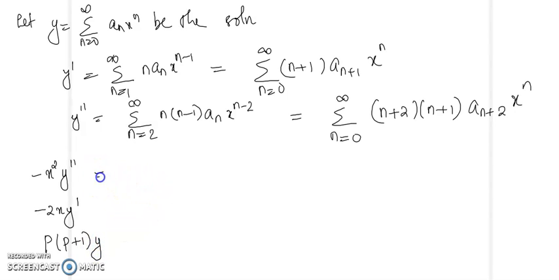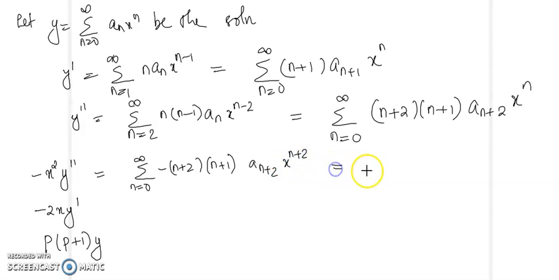So minus x square y double dash will be summation n equal to 0 to infinity minus n plus 2 into n plus 1 a n plus 2 x raised to n plus 2.